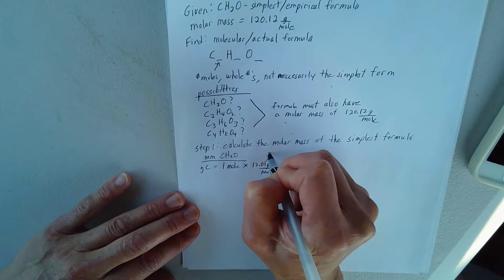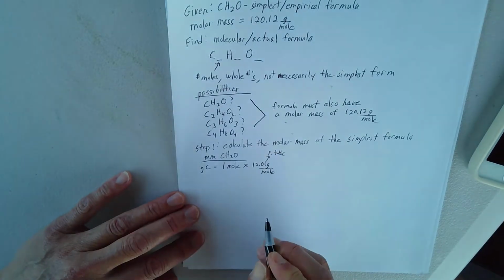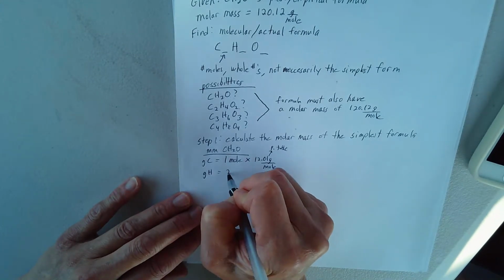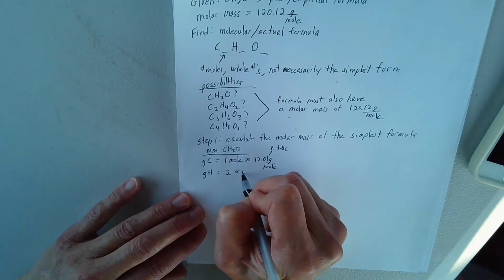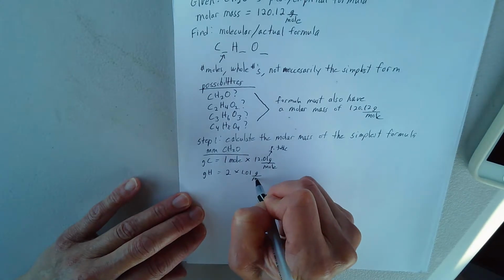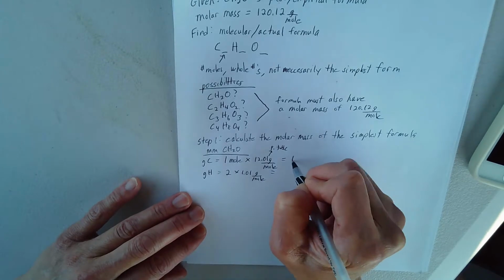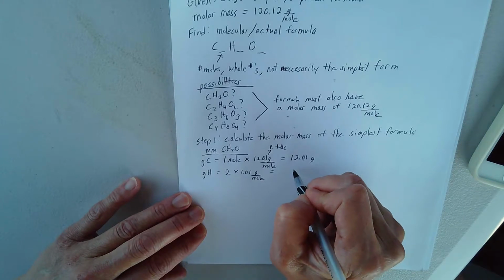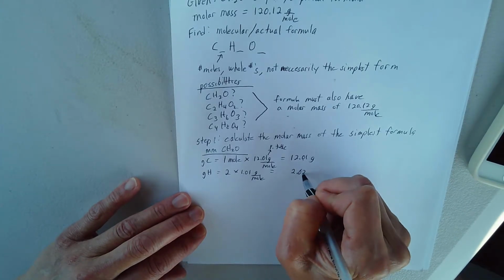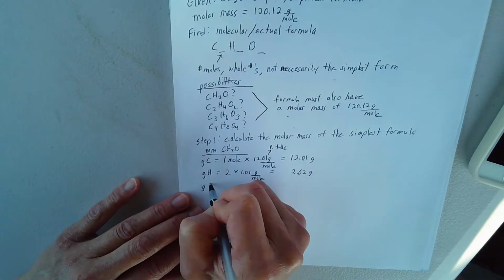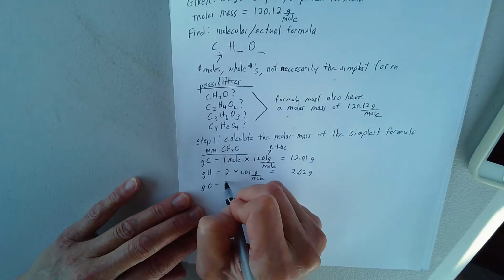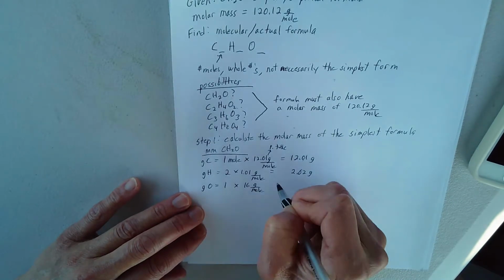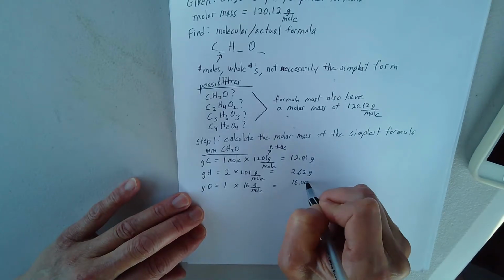I could put a little P table here just to remind myself where I got that from. Then we have the grams of hydrogen: 2 moles of hydrogen times 1.01 grams per mole, also from the periodic table. This first one for carbon comes out to 12.01 grams. The hydrogen component is 2.02 grams. And then finally the grams of oxygen: 1 mole times 16 grams per mole is equal to 16.00 grams.